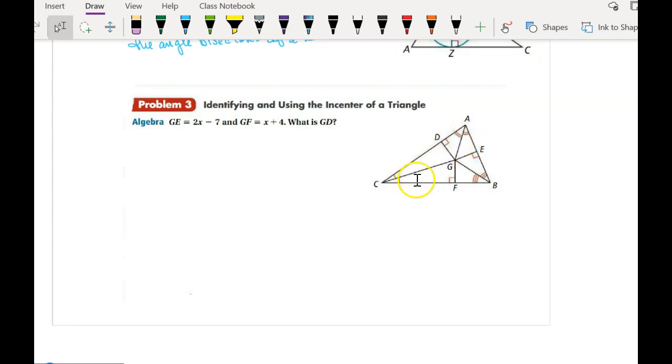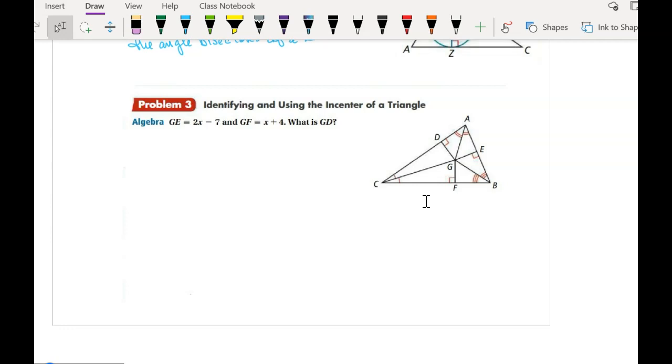If I look at all 3 of my vertices, GA bisects angle A, GB bisects angle B, and CG bisects angle C. So those are my 3 angle bisectors.